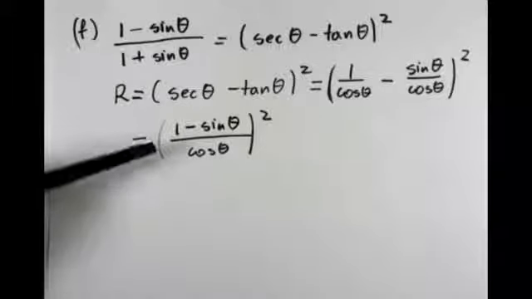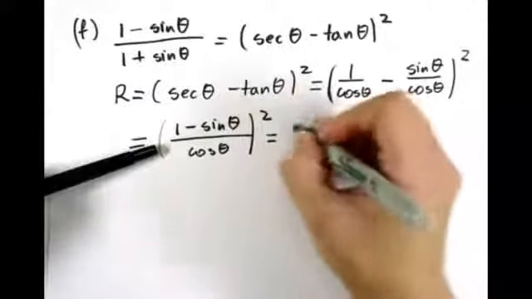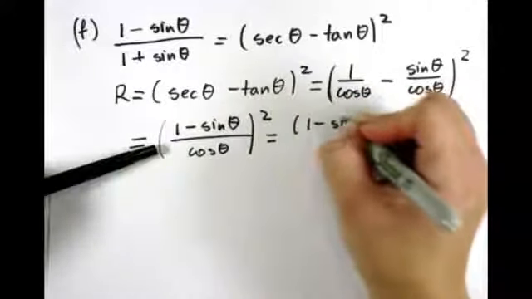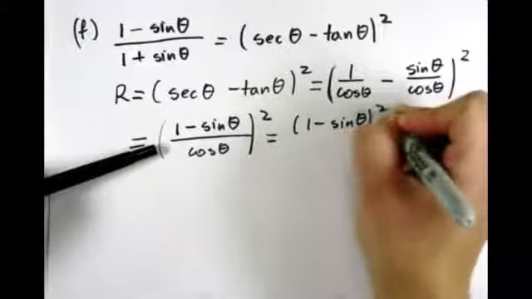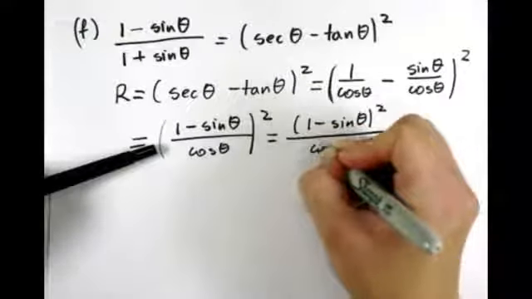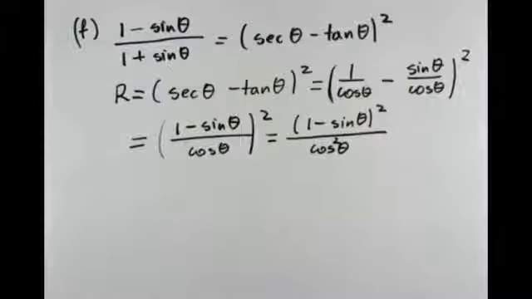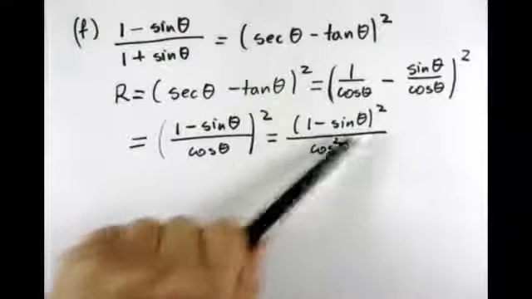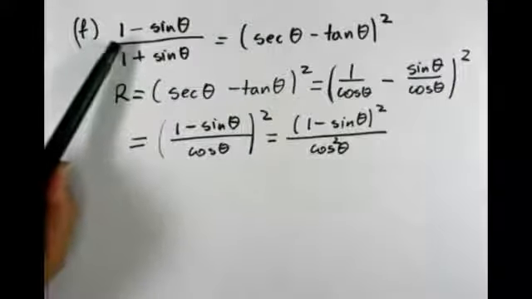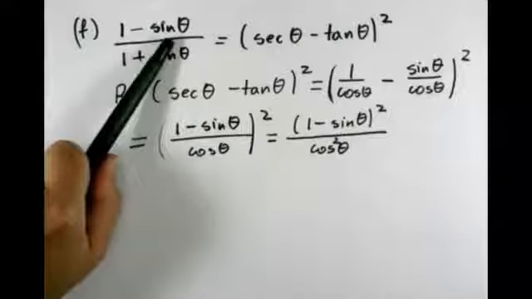Now I distribute the square. It would be 1 minus sine theta squared over cos squared theta. And now be careful. You can multiply this out, but it's not worth it, because I need to have on the top 1 minus sine theta.